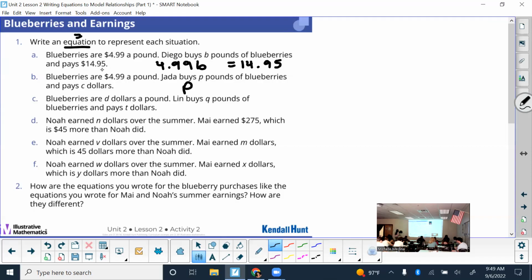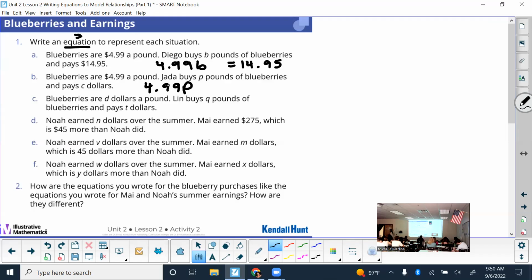Is it still going to be multiplied by the 4.99? Yeah. Also, a side note: anytime it's per pound, per person, each day, every week, something like that, it is multiplication. So 4.99 P.